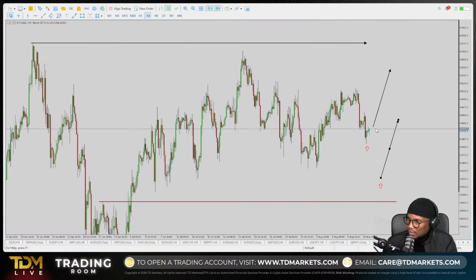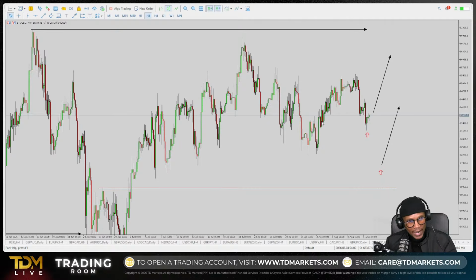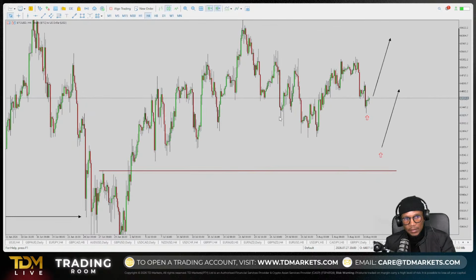All right, how do you know the correction has ended, or do you scale down to smaller time frames? What happens with the correction is the following. A correction can create a pattern, right? So you've got something like this.